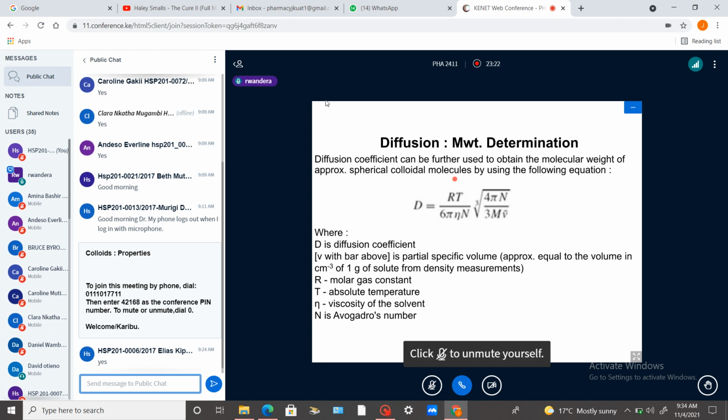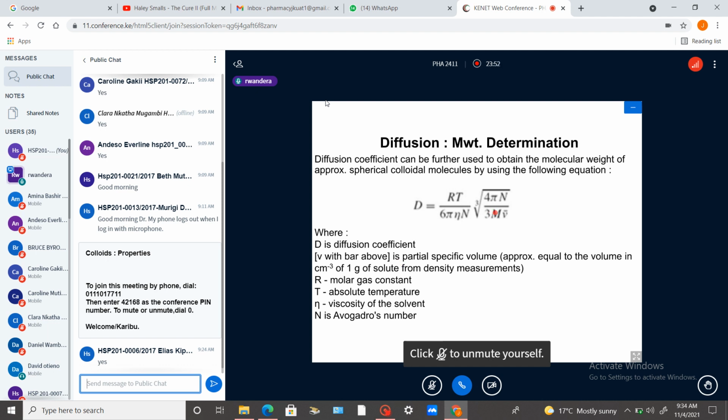Similarly, using diffusion motion, you can also determine the molecular weight of the colloidal particles using this equation. So in this equation, what is unknown is M. The rest can be provided or can be determined. D is the diffusion coefficient.